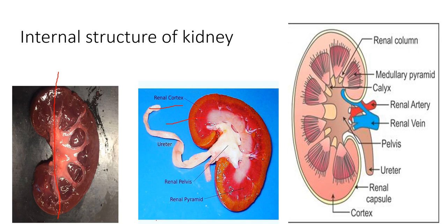One more part we are going to see here is the renal capsule. The renal capsule is a membrane surrounding the kidney. It protects the kidney. In the same way, the lungs are protected by a membrane called the pleura; here the kidney is protected by a membrane called the renal capsule.